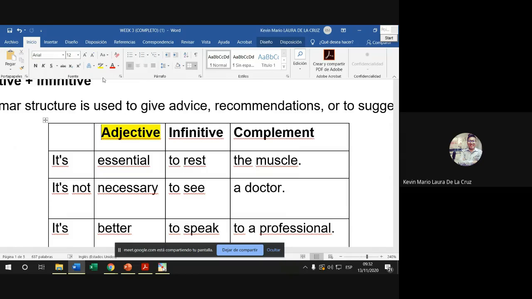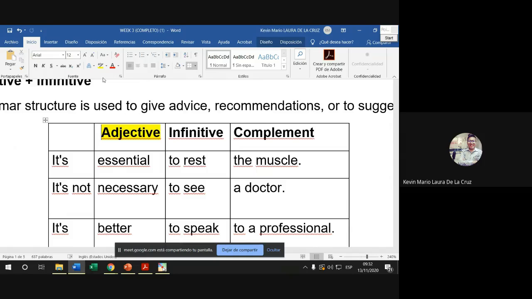I'm talking about is and not, because we use the verb to be with adjectives just to describe a person, to describe a situation, and so on.